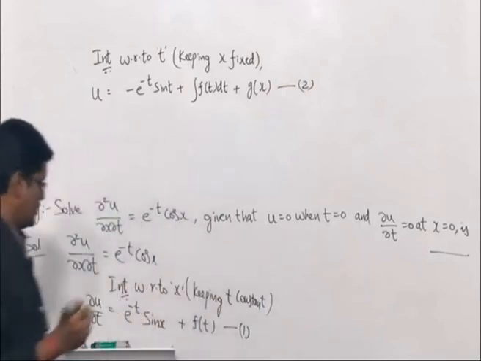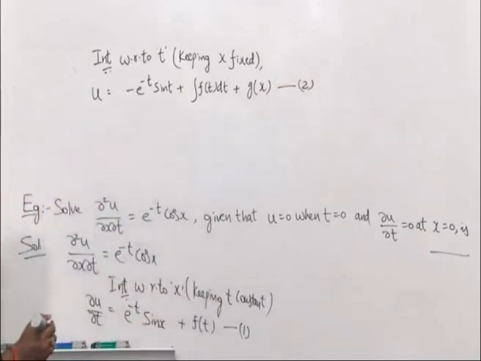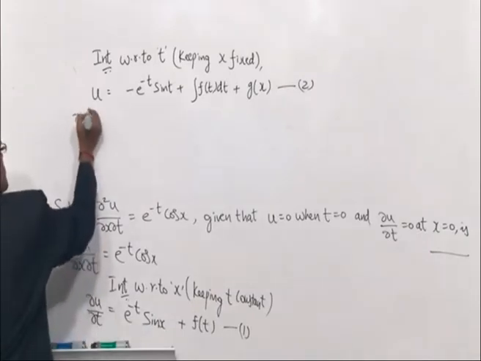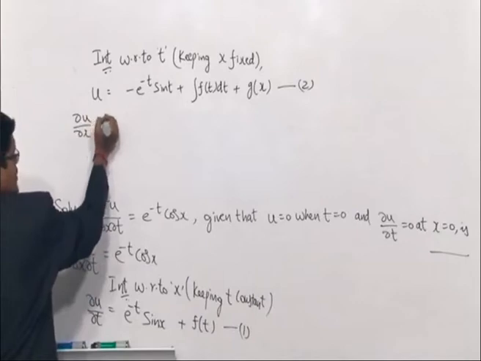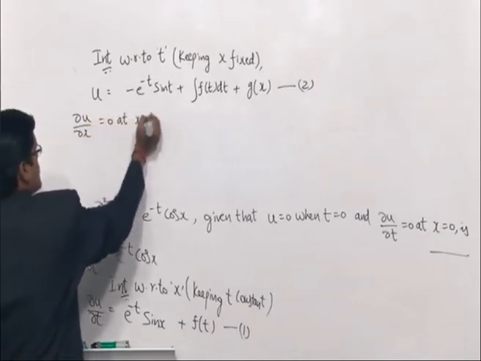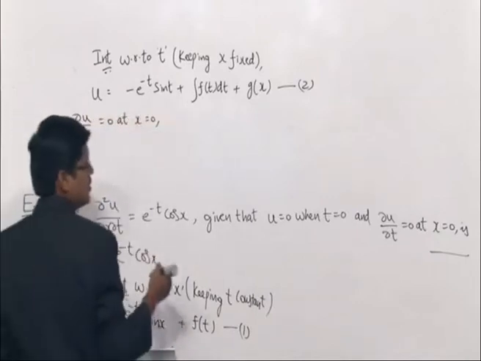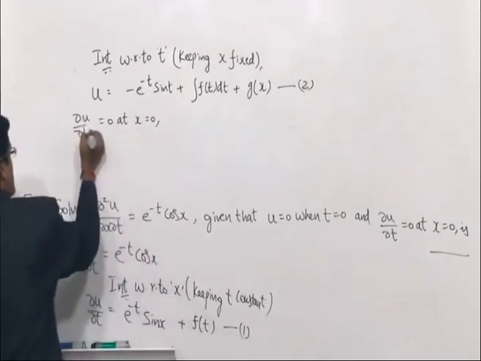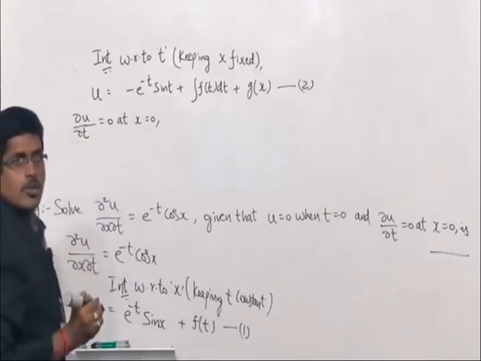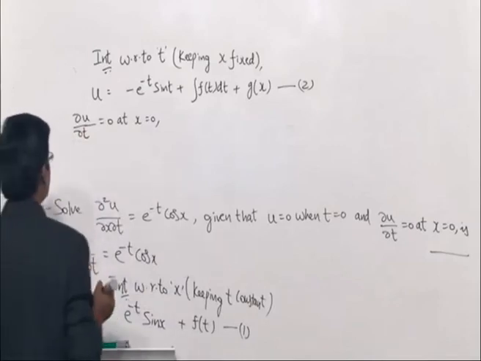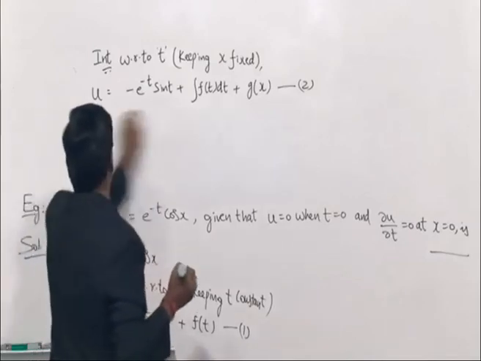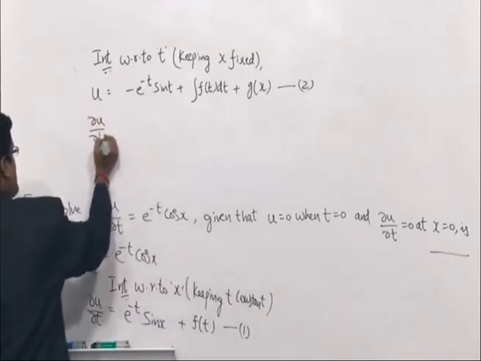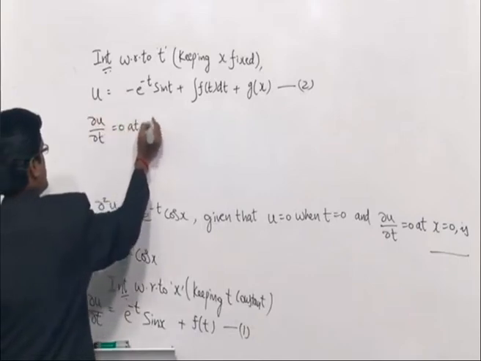Okay, now what is the condition? ∂u/∂t = 0 at x = 0.